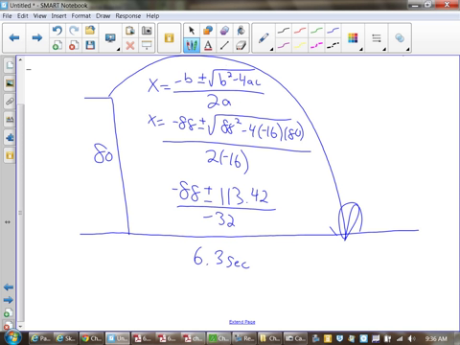If you're using the quadratic formula, don't put it all in your calculator at once, you'll probably get it wrong. Do it in chunks, just like I did here, where I took care of the discriminant, took the square root and wrote that down. That way, if you gave me 6.9, I know you've got bad fingers, but you know what you're doing. Does that make sense? Yes.